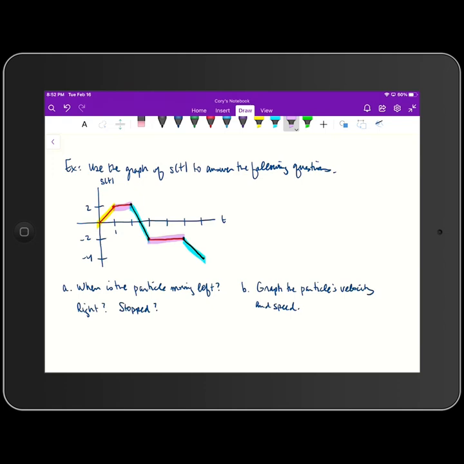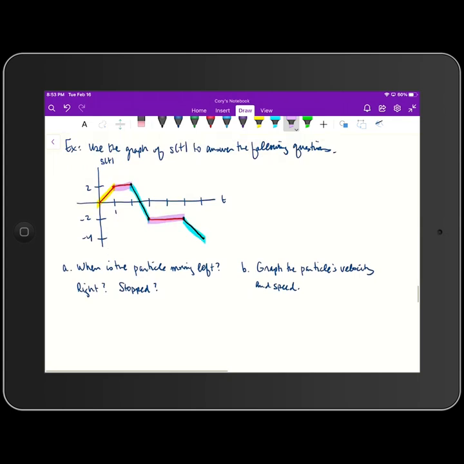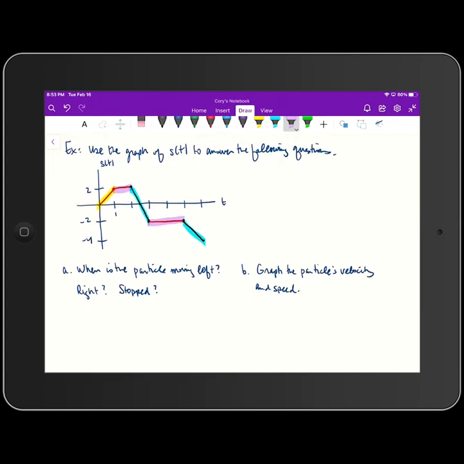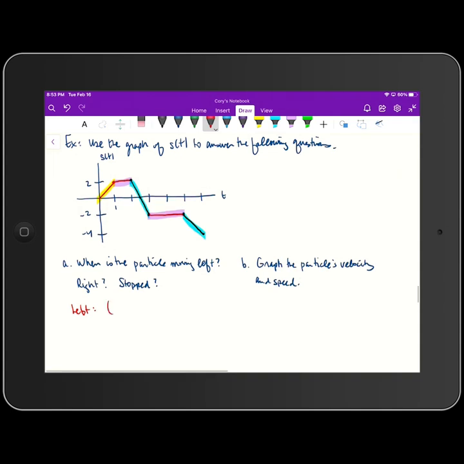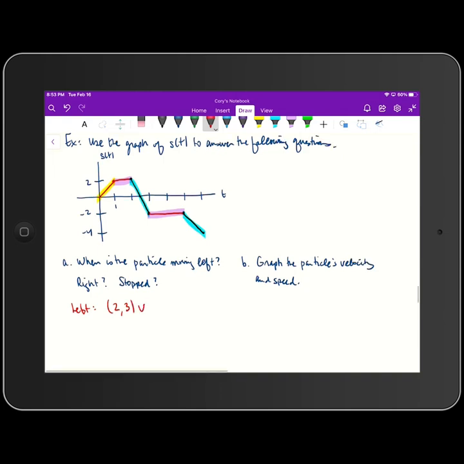Okay, so when are we moving to the left? So we're moving to the left when v of t is less than 0, so when the slope is negative. So on what intervals does that occur? Well, that occurs on the interval from 2 to 3, as well as the interval from 5 to 6.